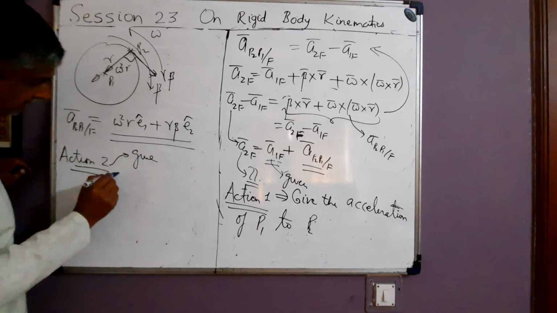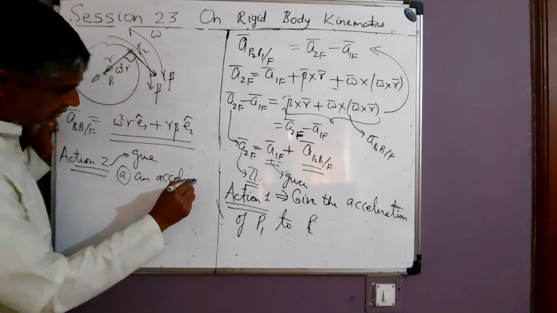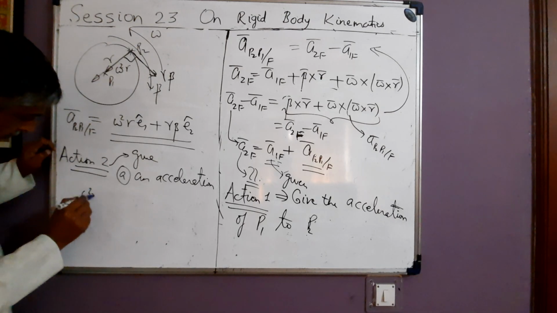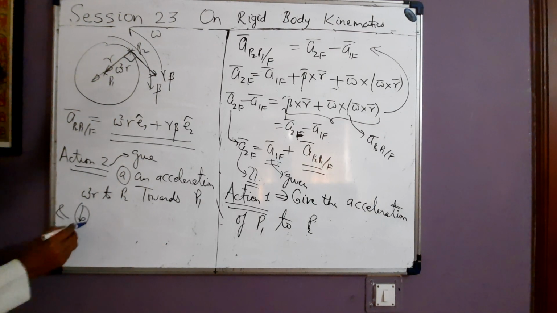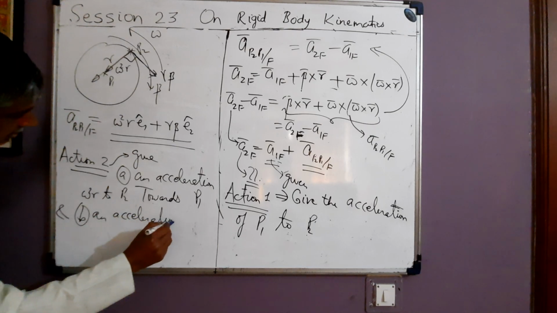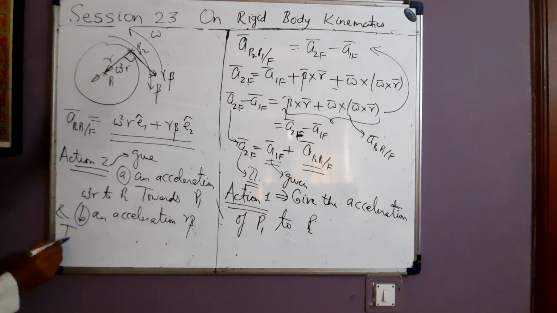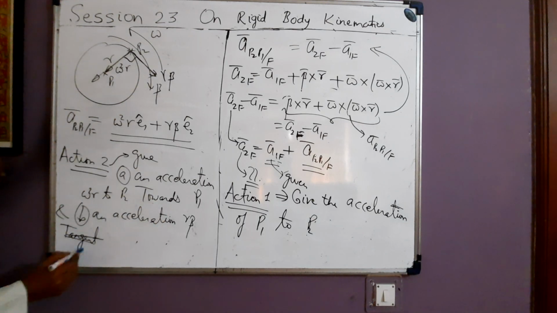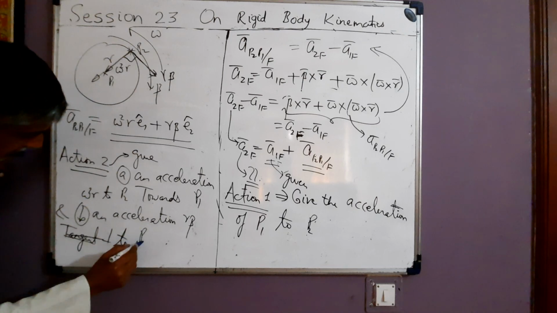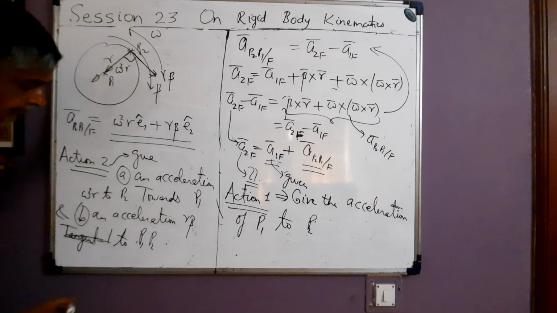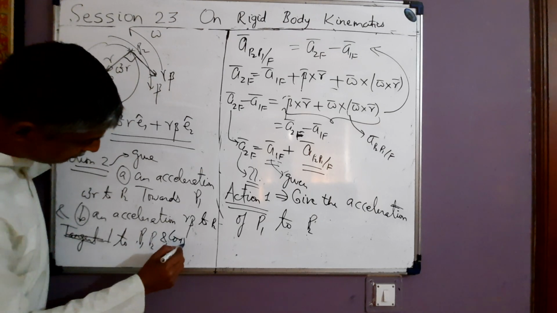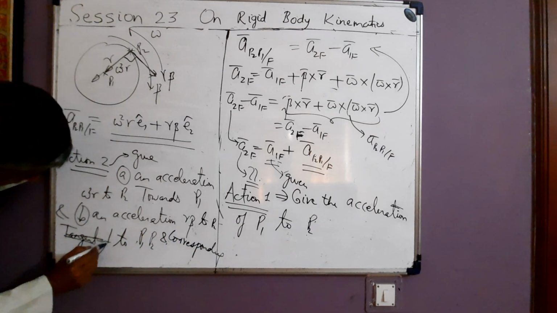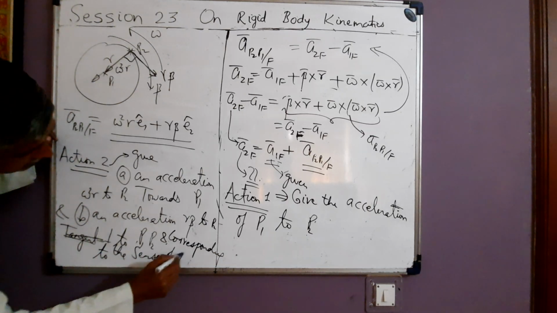First, give an acceleration omega square r to P2 towards P1, and second, an acceleration r beta to P2, tangent to the circle, perpendicular to line P1 P2 and corresponding to the sense of beta.